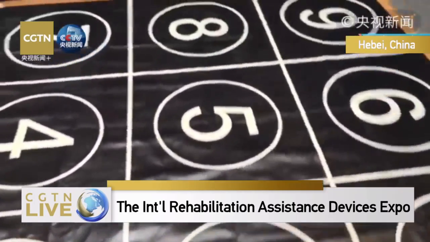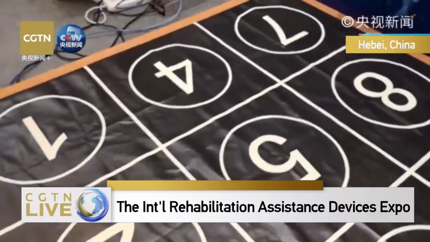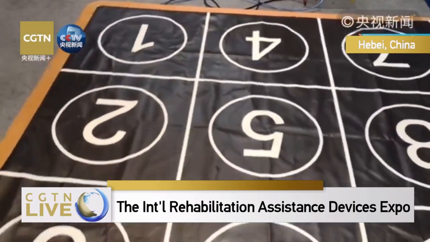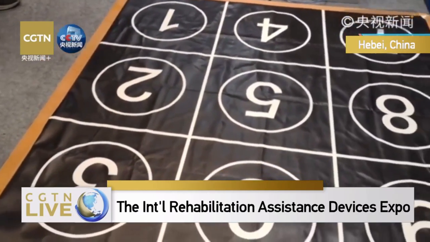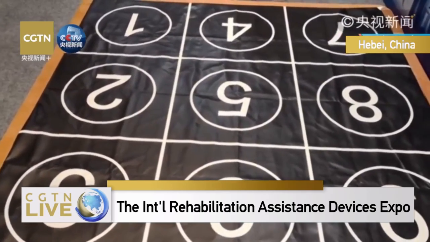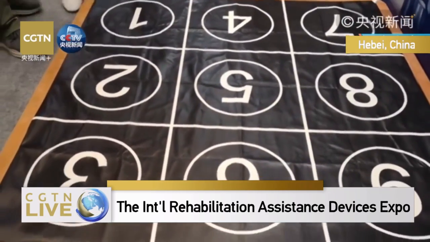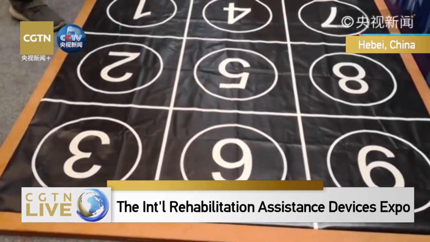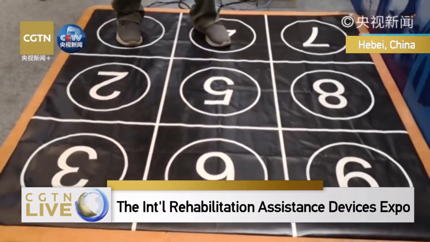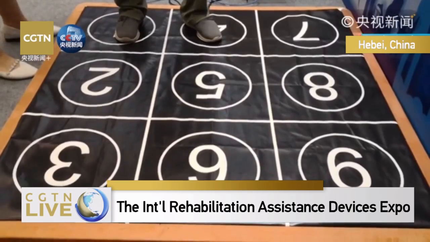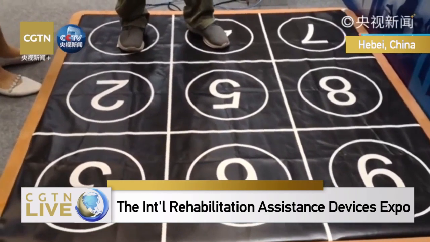It's a risk evaluation system for elderly people's falling down events. If someone falls down, it can send back a signal reminding you which of these places are not steady enough for you to step on.